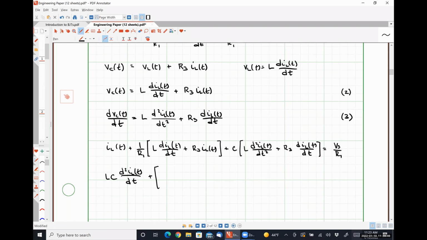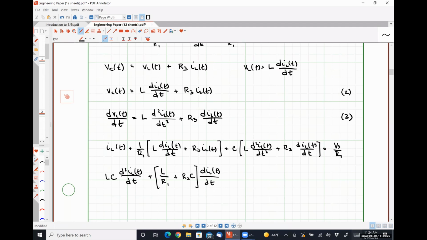I definitely have a term that is L divided by R1. Then I'm going to have a term that is C times R3, times the first derivative of my inductor current with respect to time.